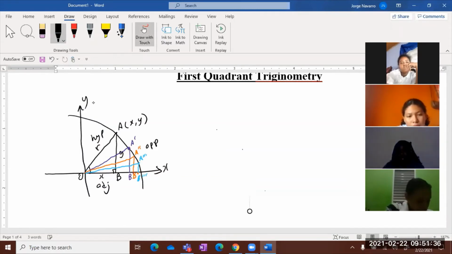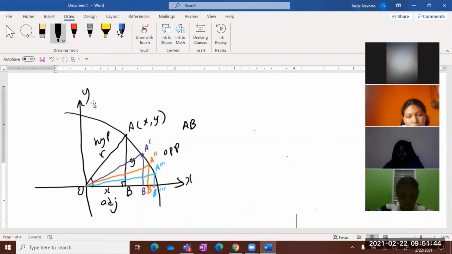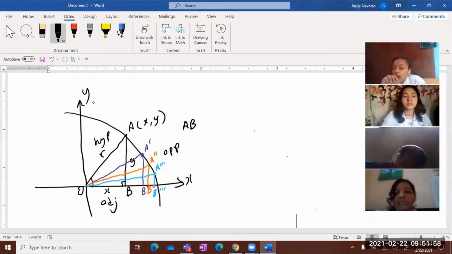What is happening to AB? Can somebody tell me what's happening to AB? Is AB getting bigger or is AB getting smaller? Smaller, sir.